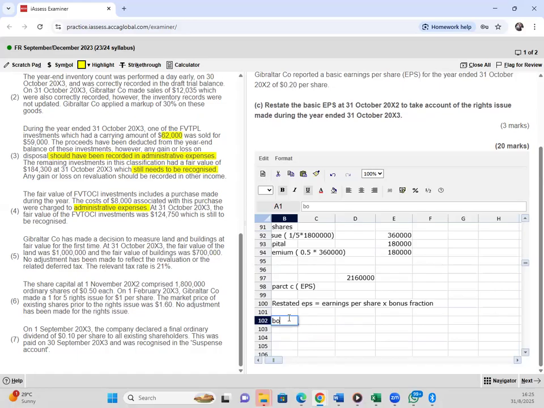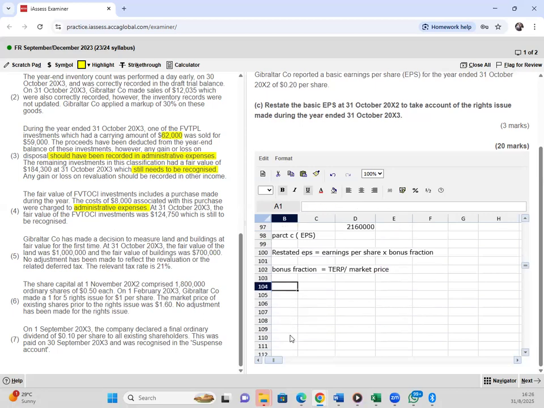So the bonus fraction for a rights issue is the theoretical ex-rights price over the market price. But no need to write the formulas in the exam.